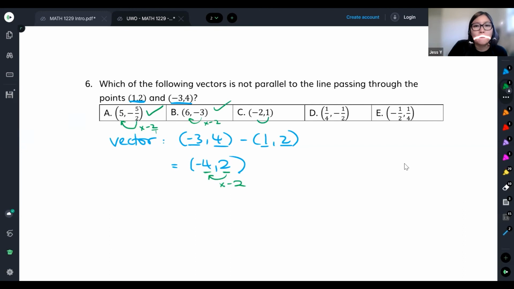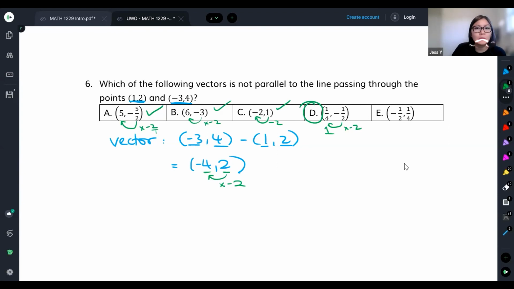Take the 1, multiply by -2, oh, that does give me -2, so you're good. Take the -1/2, multiply by -2. Negative times negative is positive. What's 1/2 times 2? 1/2 times 2 should be a 1, not a 1 over 4. So this one, D, is not parallel to our line.